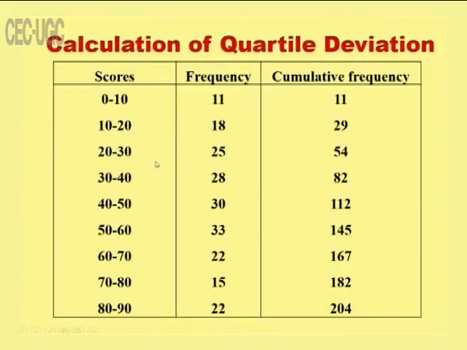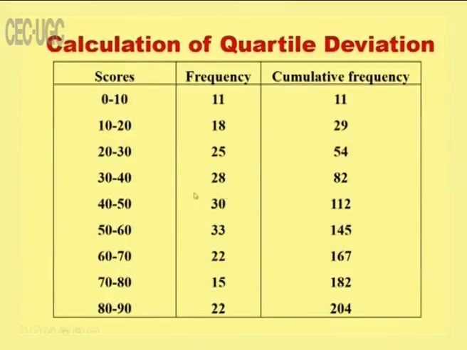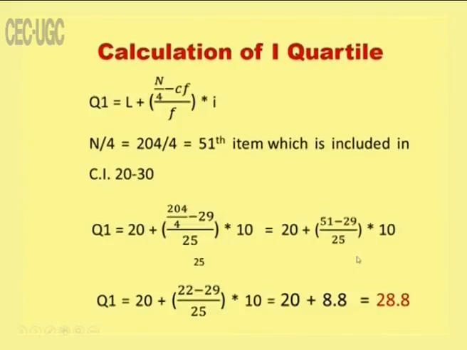Therefore, the cumulative frequency of the class preceding the first quartile class is 29, divided by the frequency of that particular class, that is 25, and if you are putting all the values into the formula, I is the class interval.